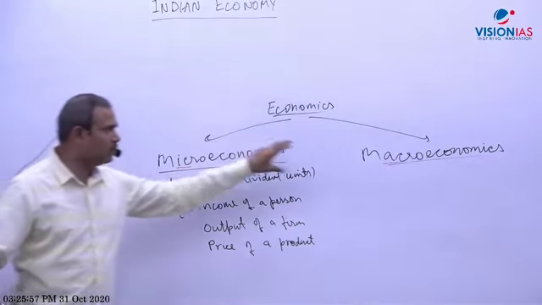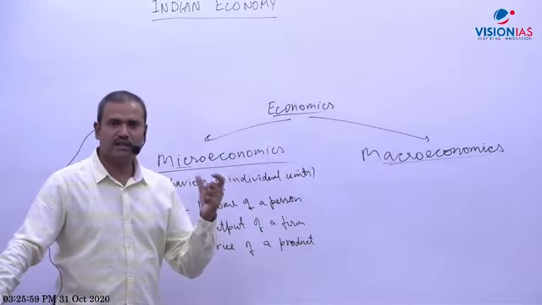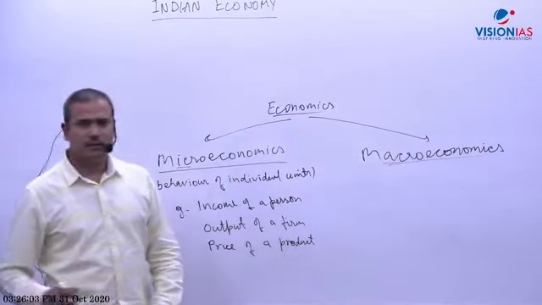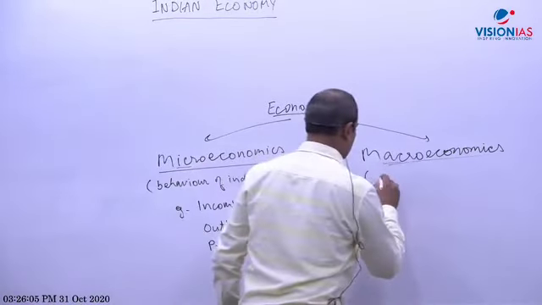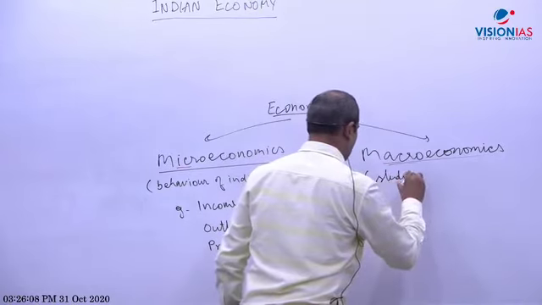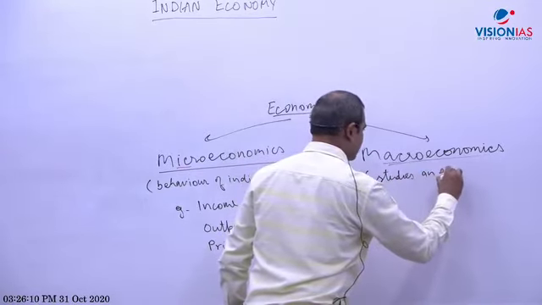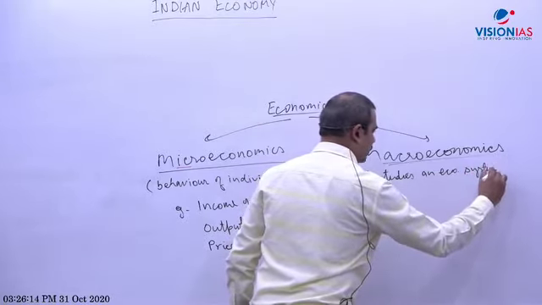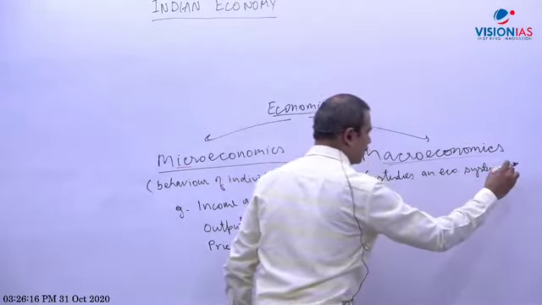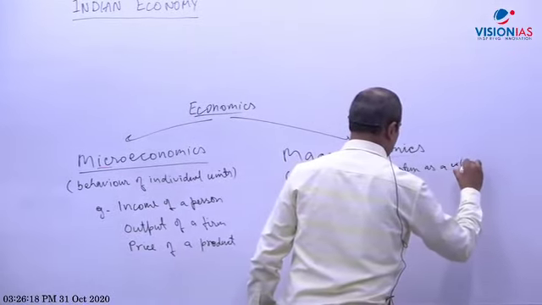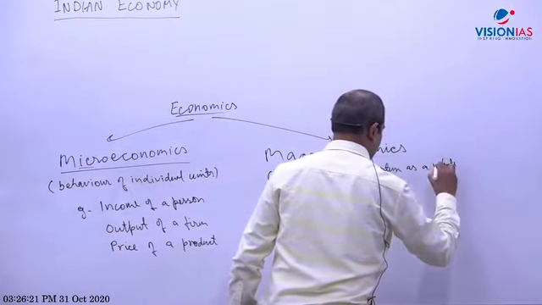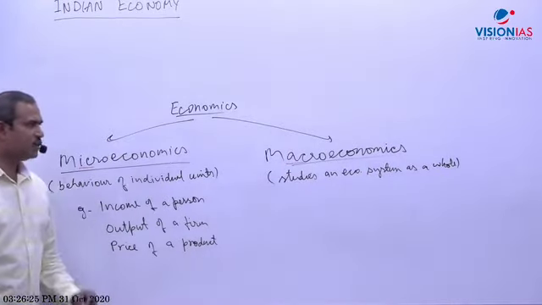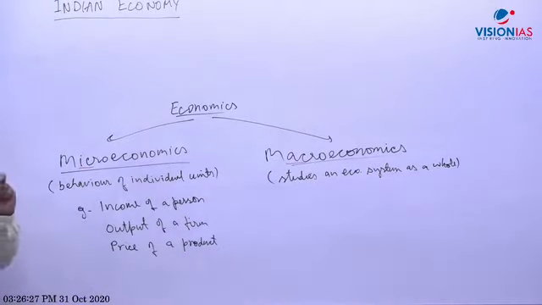Now what is macro? I told you macro means large, and it studies the economic system as a whole. So write down this definition of macroeconomics. It studies an economic system as a whole, the entire economy.